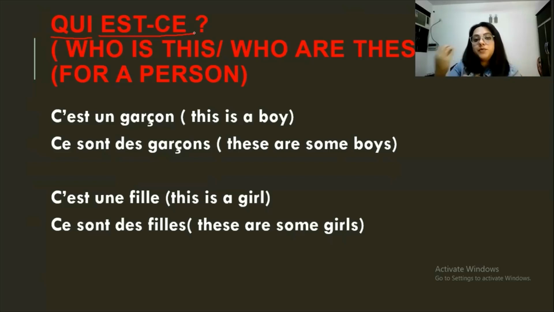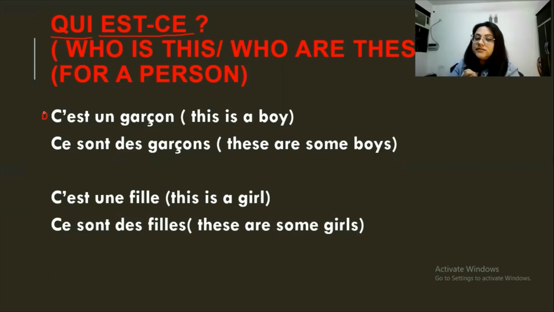Used to identify a person in an answer, and it means who is this or who are these. Now, for example, if my answer is c'est un garçon, this is a boy, my question is going to be qui est-ce? If my answer is ce sont des garçons, it's going to be qui est-ce again.